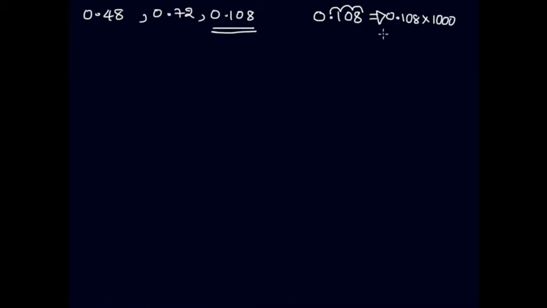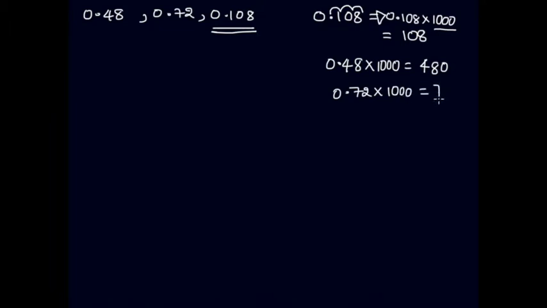Okay, so that gives me 108. Since I have multiplied this by 1000, I have to multiply all the other numbers also by 1000. So 0.48 also by 1000 is 480, and 0.72 into 1000 is 720.